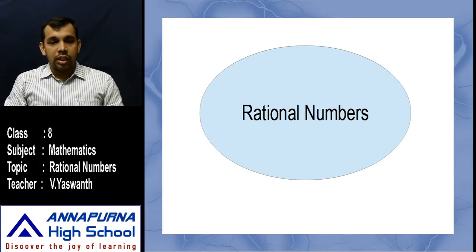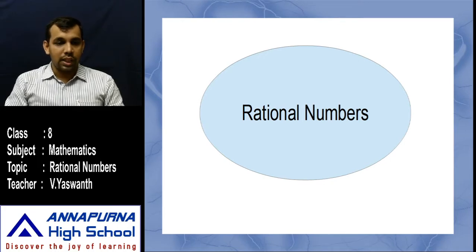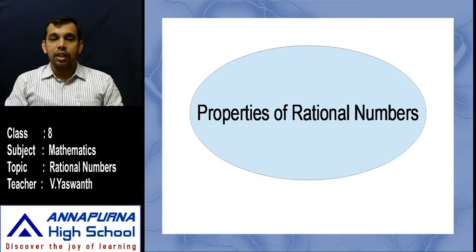In the previous section, after rational numbers we discussed one most important point: properties of rational numbers. Not only rational numbers, you can apply these properties to any collection of numbers in our number system.